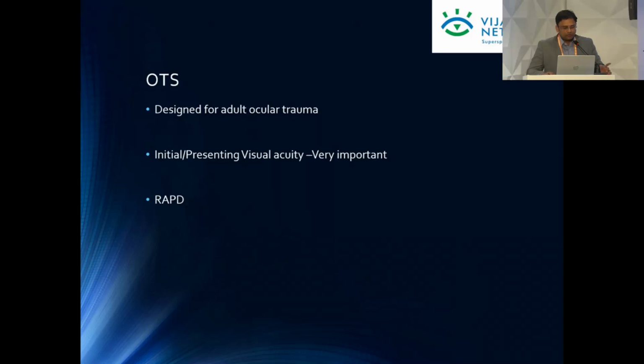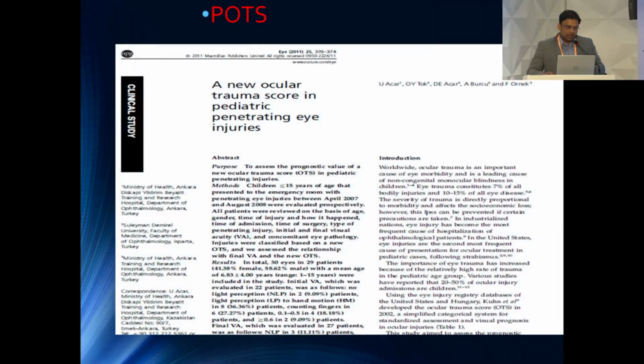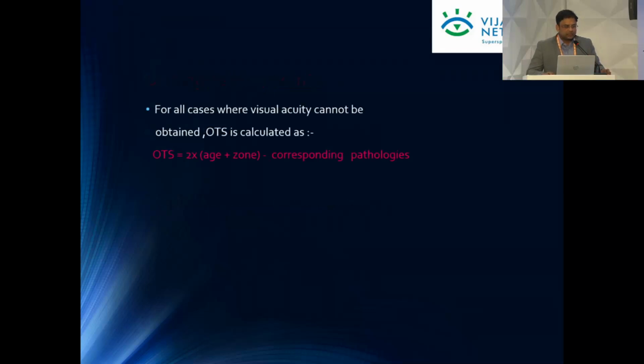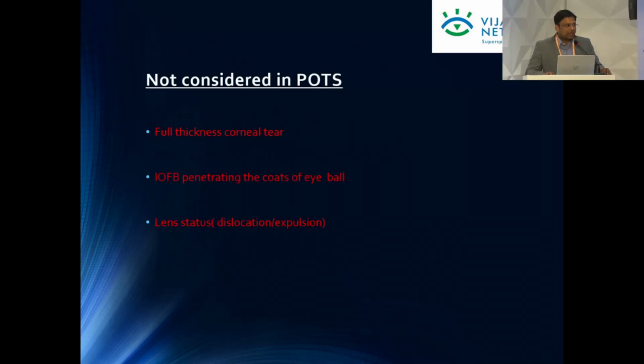In pediatric eyes, a different kind of classification was proposed by Akar et al., where they did not consider RAPD, and visual acuity at presentation was not necessarily taken, whereas a score was considered from the rest of the points.